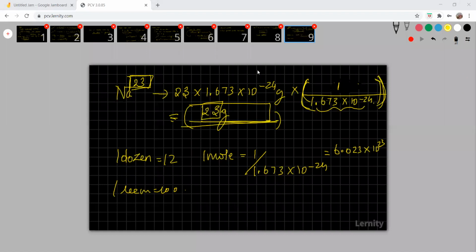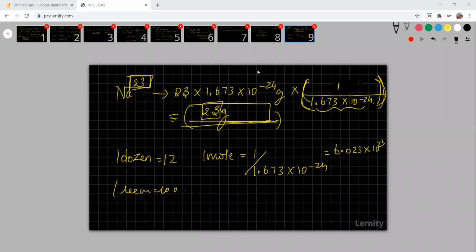Why do I want 23 grams only as the answer? Because it will be simpler for remembering also. The mass of one sodium atom is 23 AMU. If I get the mass of 1 mole of atoms as 23 grams, it will be easier for me, right? So the mass of 1 mole of atoms and the mass of one sodium atom won't have much of a difference.